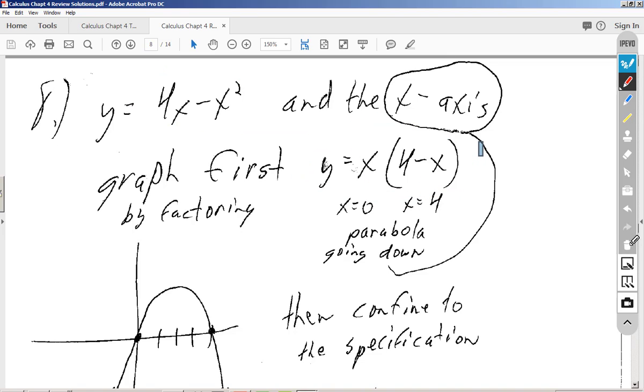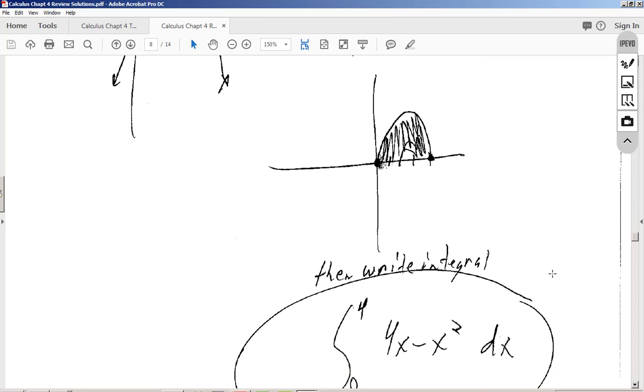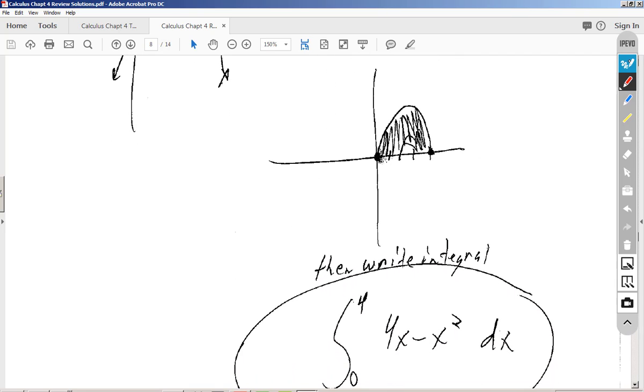So since it's at 0 and 4, I go ahead and put this at 0. I put it at 4. So here is my equation, negative x squared, which means that's a parabola that's going to be opening downward. So notice it's confined by the x-axis. So to write this area, I went ahead and shaded in the part of what that area represents.